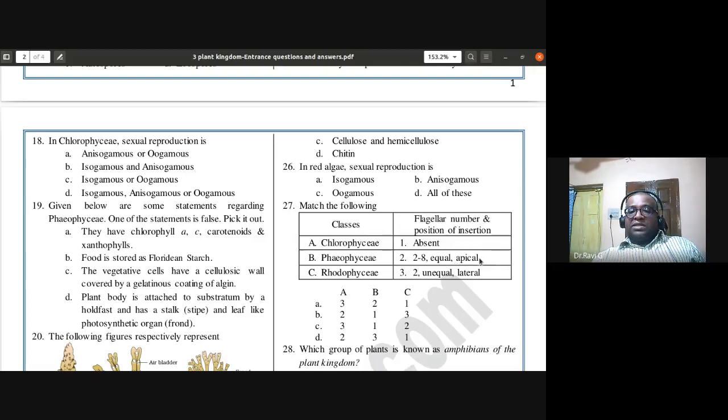Then Phaeophyceae have two flagella, unequal and lateral. So Chlorophyceae is 2, Phaeophyceae is 3, then obviously Rhodophyceae is 1. Rhodophyceae are non-motile, so the flagella are absent. So D is the answer for 27. That is 2, 3, 1.